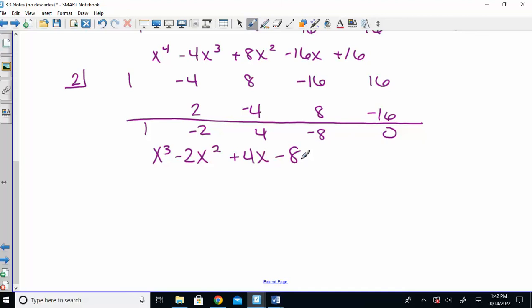So when it bounces like that, real quick check. If you plug a 2 into this, what are you going to get out? 0. So when you are looking at your graph and it bounces, that means 2 is a 0 more than once. So we can divide it by 2 one more time. So I'm going to do 2 again, and the answer we just got out.